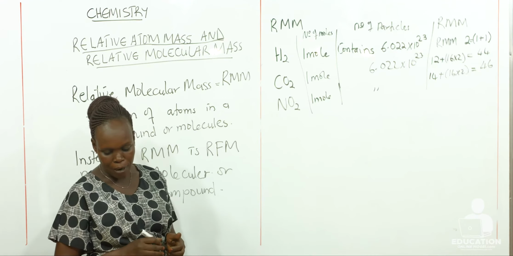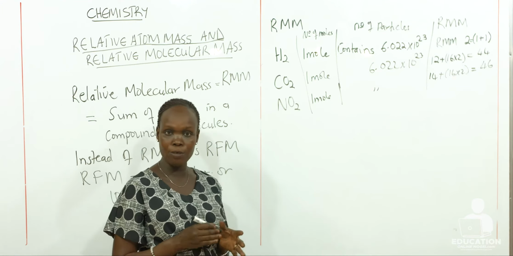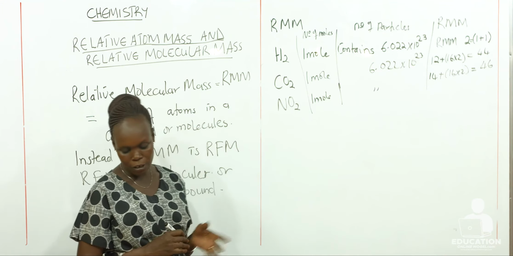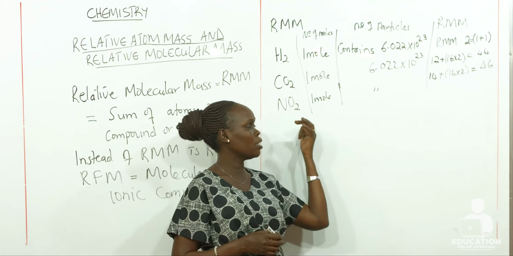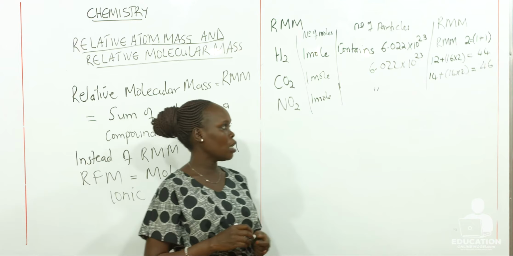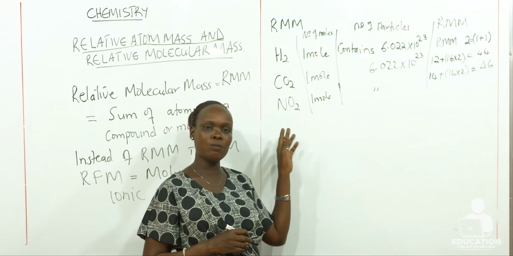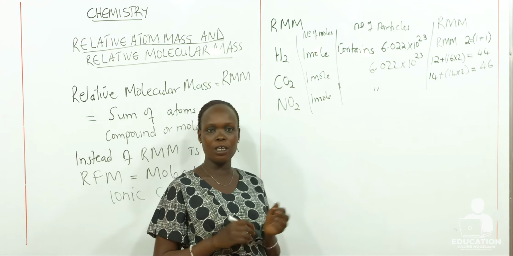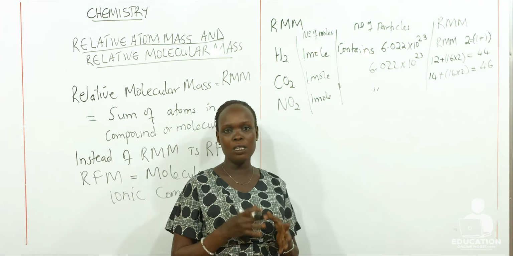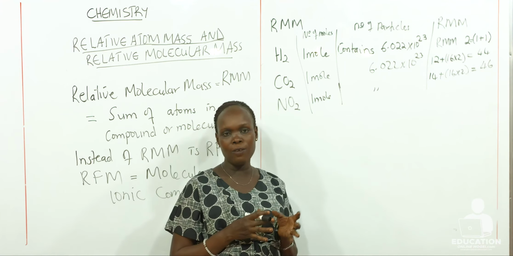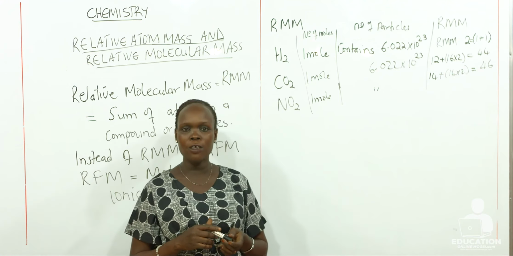When you're asked to calculate the relative molecular mass or relative formula mass, you have to do the same procedure as we did here. For example, for nitrogen dioxide, we have 14, which is the relative atomic mass of nitrogen, plus oxygen, where we multiply by 2 the relative atomic mass of oxygen because there are 2 atoms of oxygen. So we sum those relative atomic masses of the atoms that constitute nitrogen dioxide, and that gives us the relative formula mass.